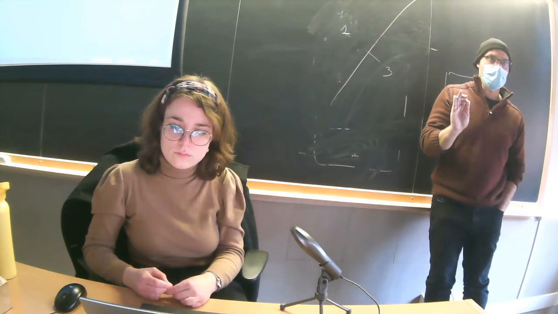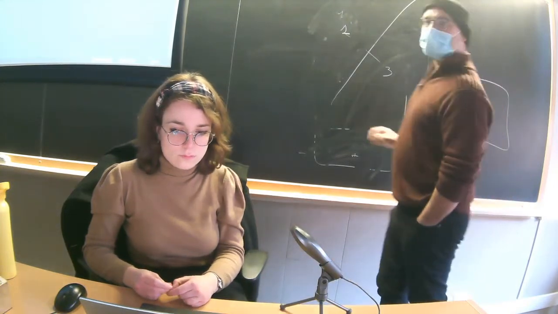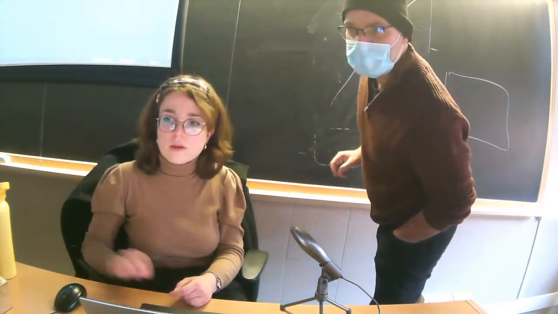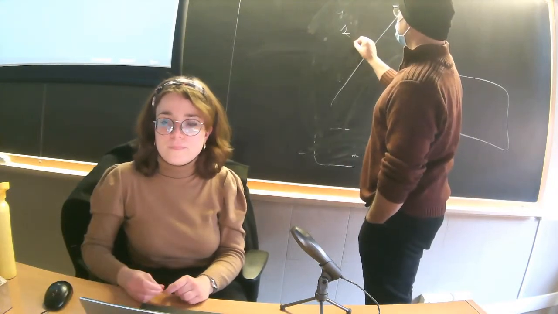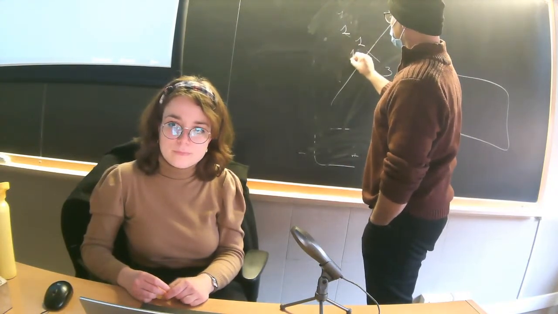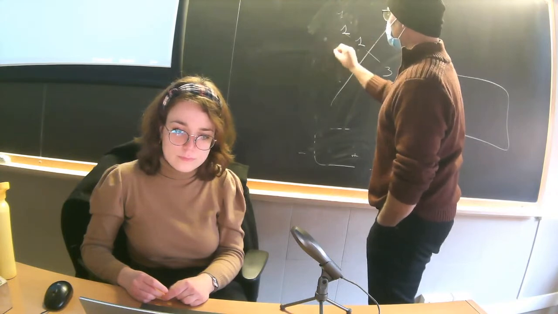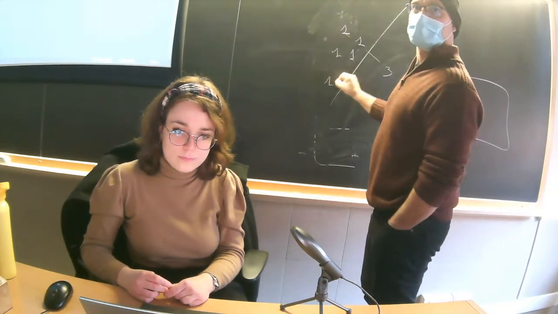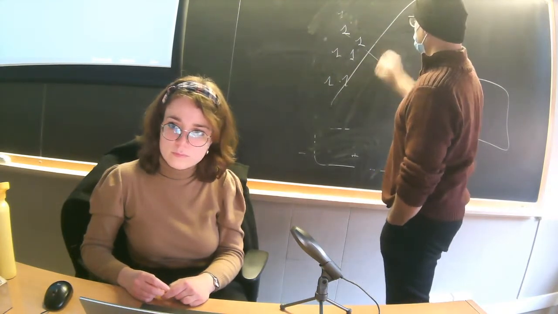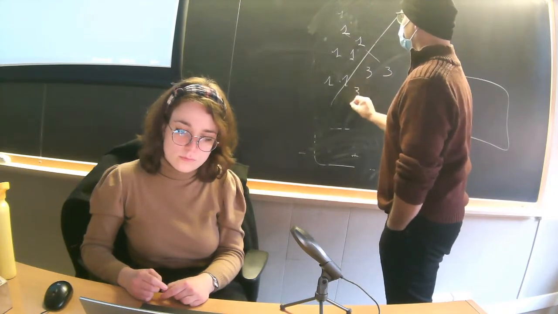Do you agree with me? Okay, the indices image will be something like that. We'll have, in all this area over here, a lot of 1s. And in all this area here, we'll have a lot of 3s.